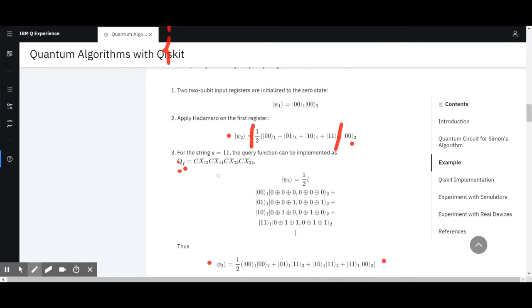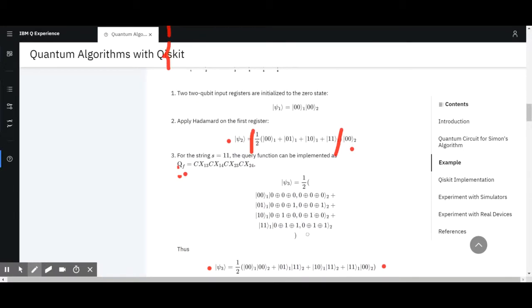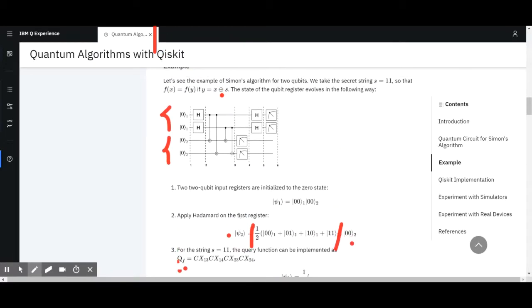So what this is doing is, this step here is obviously the function, right?